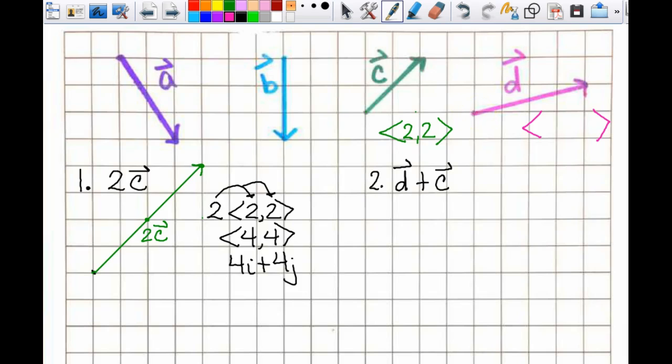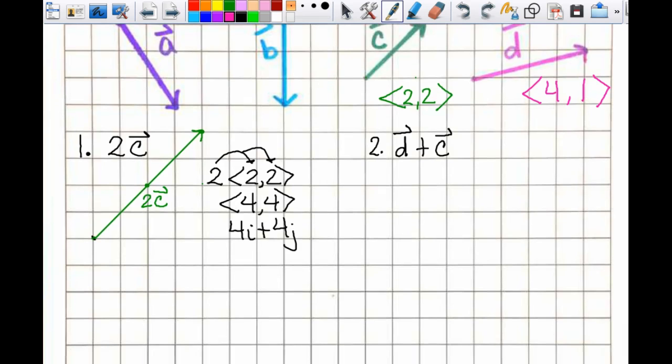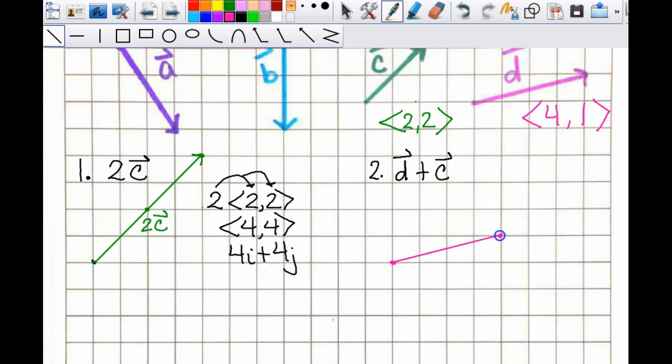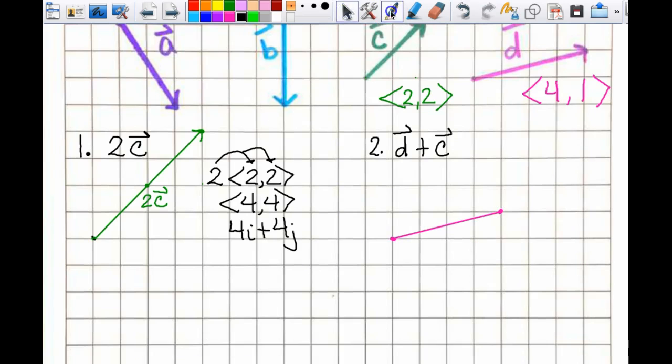Okay? 4, 1. 4, 1. Which I could, again, do without that at this point, but whatever. So I'm going to start, let's see, 1, 2, 3 down from that. I was trying to conserve some space here. So from this point, I'm going to go to the right 4 and up 1. That gives me this one. So that's my D. Arrows are important here.